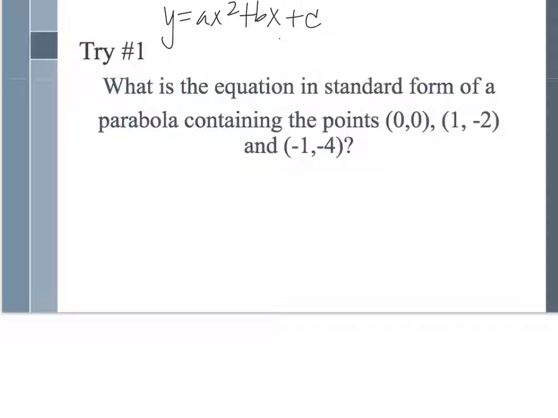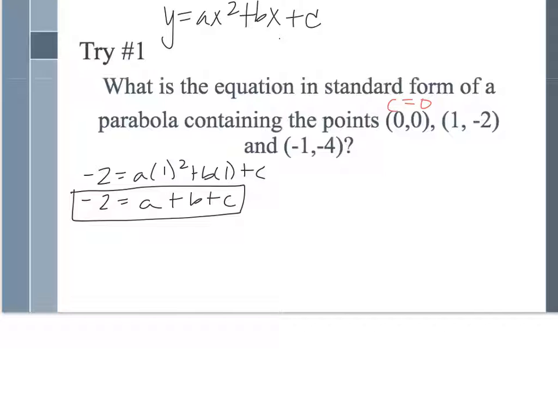When we start with (0, 0), remember that's basically just going to tell us that c is going to equal 0. So we don't need to do anything with that information. But let's keep going. If I substitute in (1, -2), I'll have -2 equal to a times 1 squared plus b times 1 plus c. That's really -2 equal to a plus b plus c.